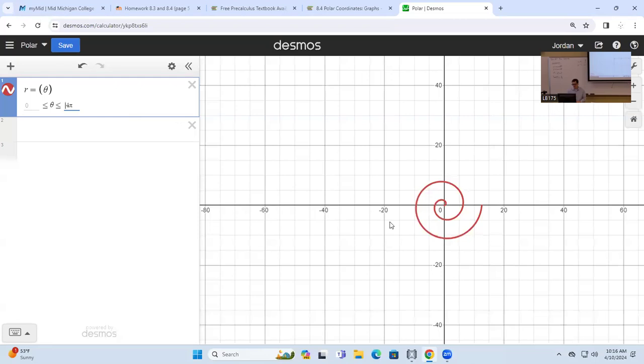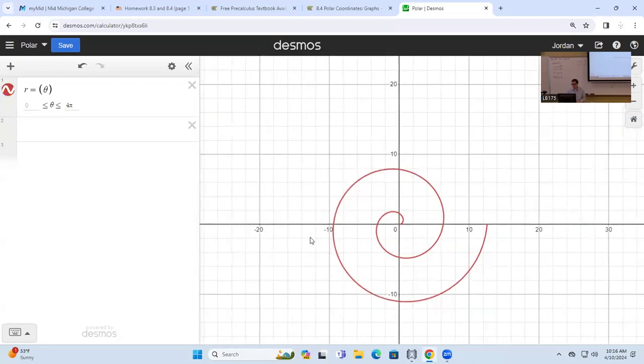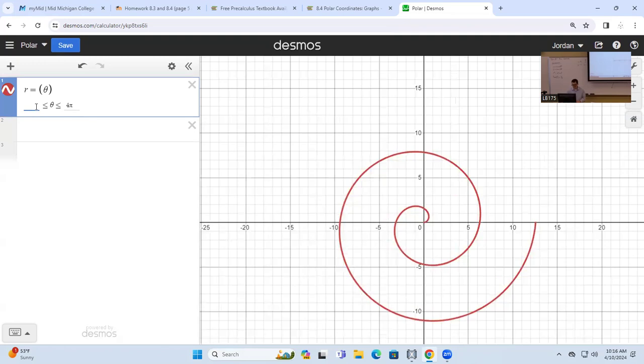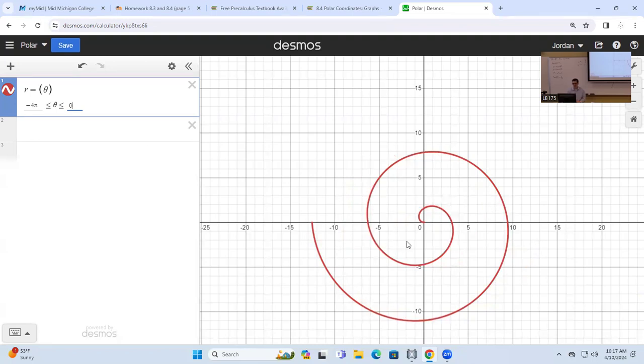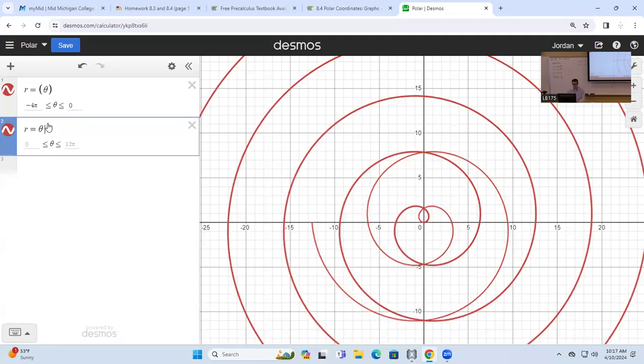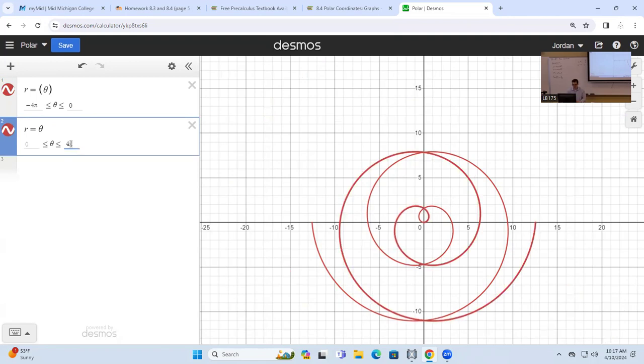Let's say we just did 4 pi. We'll zoom in on this. If you let it go to negative 4 pi, it's going to spiral the other direction. You see that? That's hard to maybe tell. It spirals the other direction with negatives. Okay. Let's do another one. r equals theta, 0 to 4 pi. There you go. See how it's just mirror images of each other.